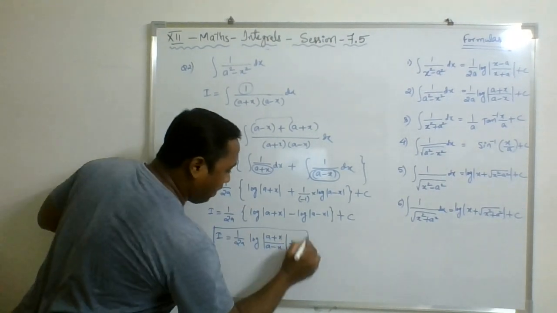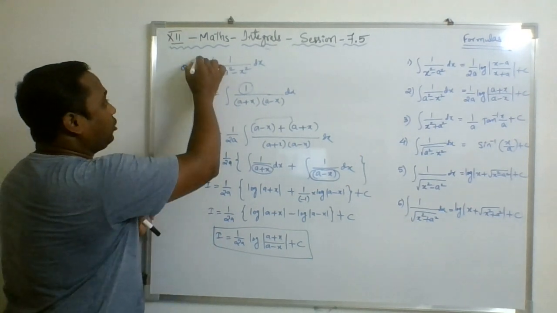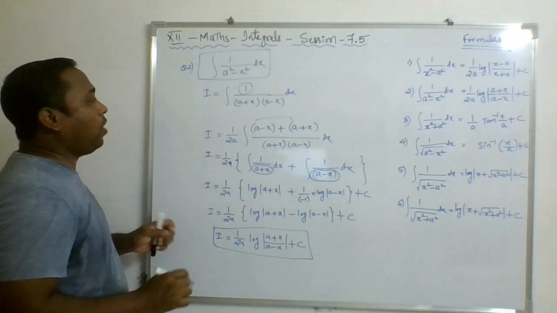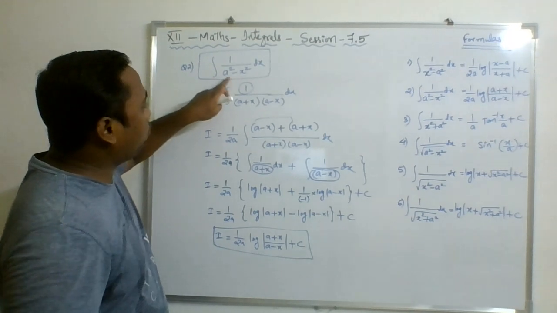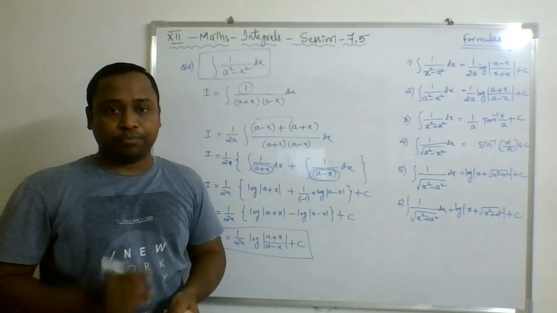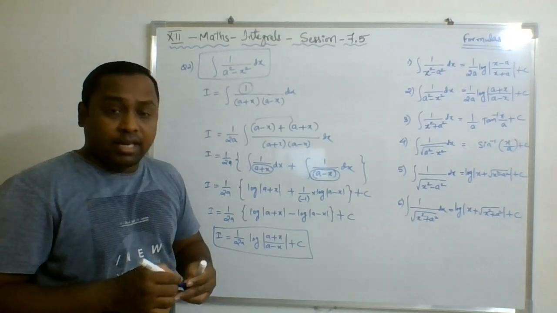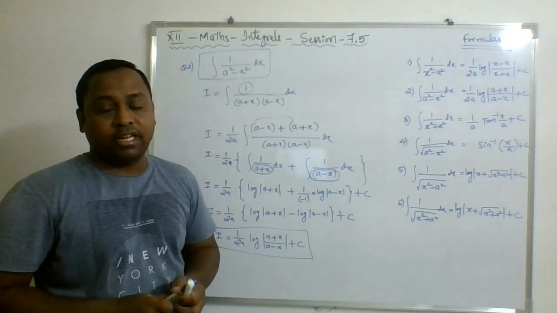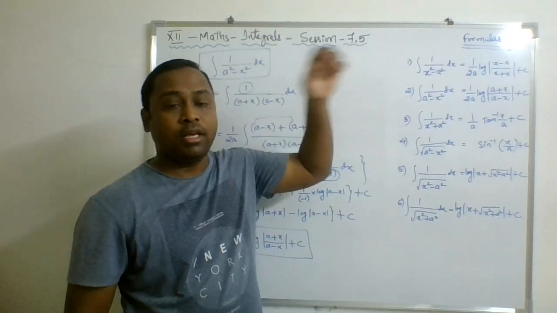So this is the final answer, our derivation of the integral in the form of 1 by a square minus x square. So friends, here you have understood the derivation of the first two formulas, right?